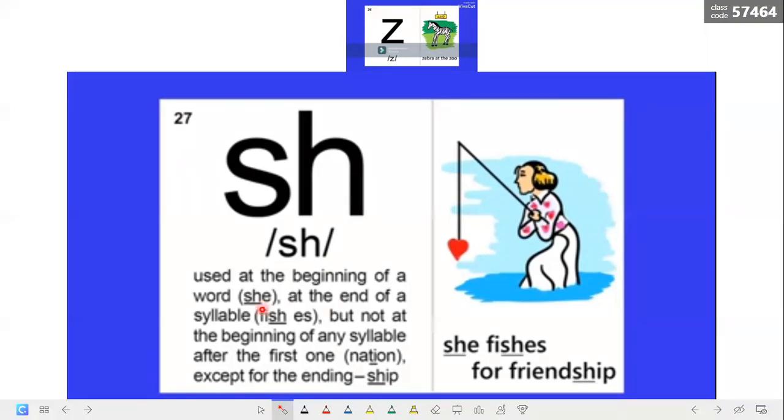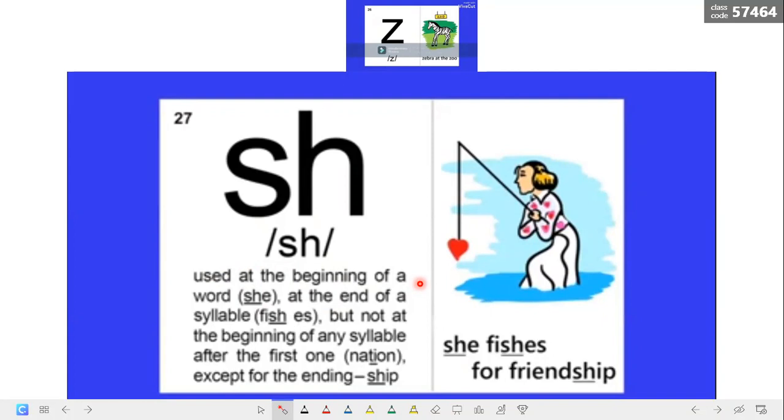So I want you to read carefully what is written here, because it is very important, and also it shows why we have different ways of producing the sound "sh" in English.